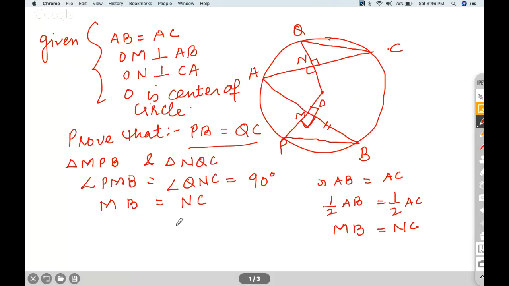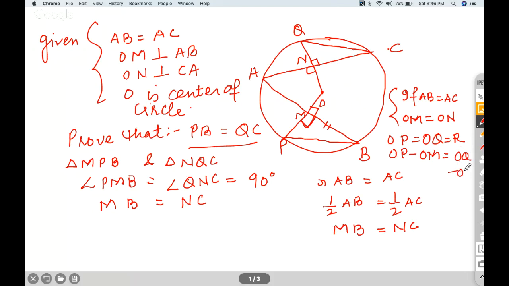Now try to understand one thing. If AB is equal to AC, equal chords are there, then perpendicular drawn to equal chords from center, OM would be equal to ON. Now I know that OP is equal to OQ, which is radius. So if I take OP minus OM, that should be equal to OQ minus ON.